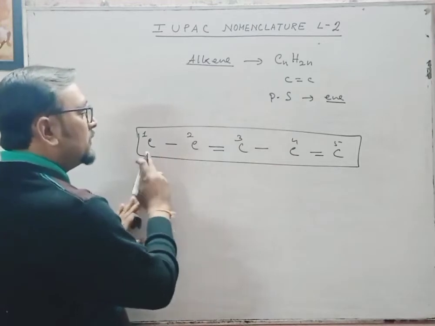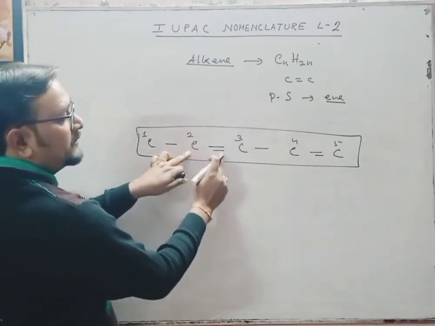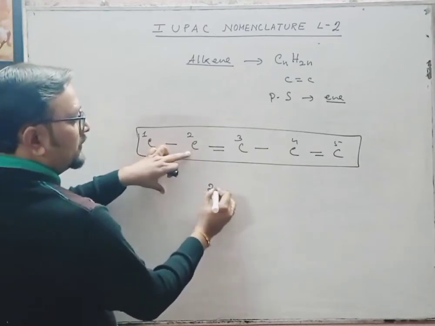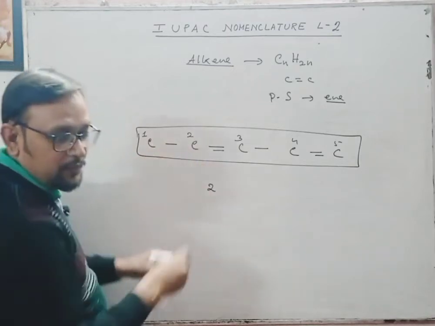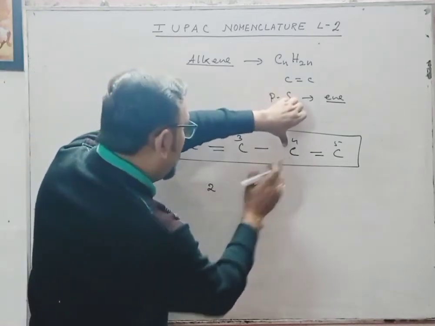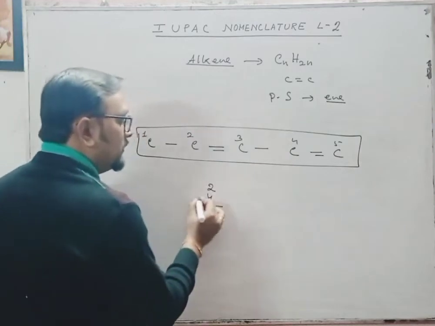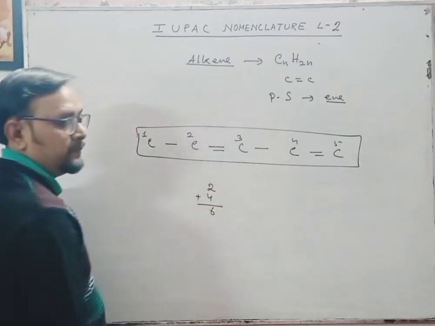Suppose I start numbering from this side. You see the first double bond will be counted at the second position of carbon, so the locant is 2. The next double bond is at the 4th position. So what is the total coming? The total value is coming 6.